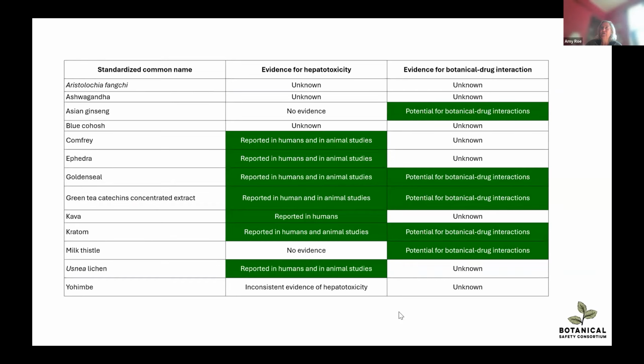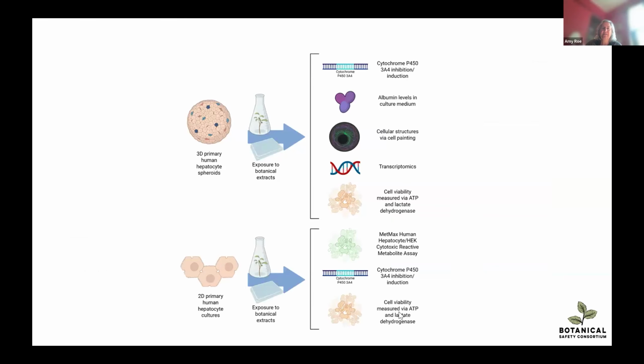Some of the data is maybe more solid than others, but nonetheless, we wanted to explore what we saw in the screening tools that we chose for looking at hepatotoxicity.